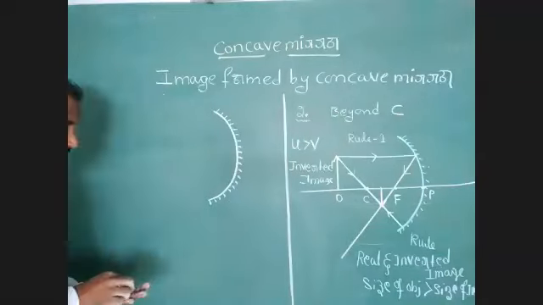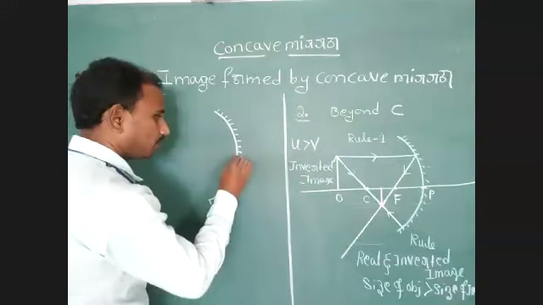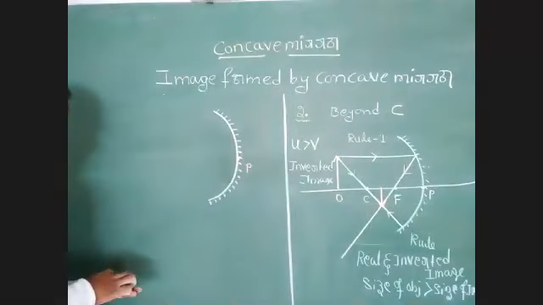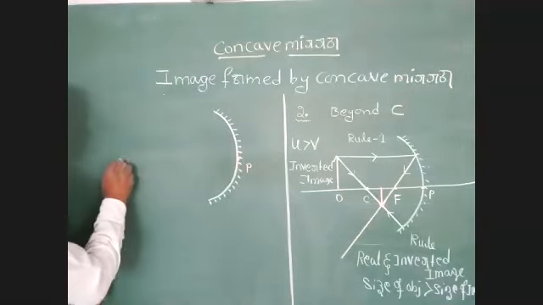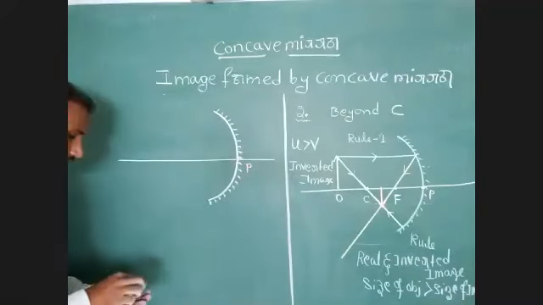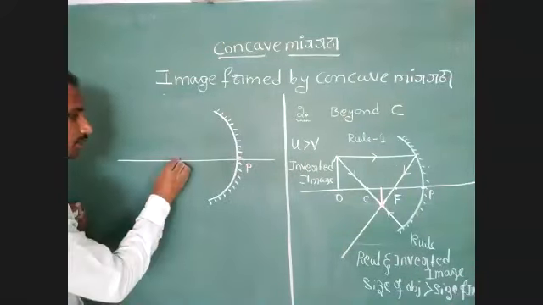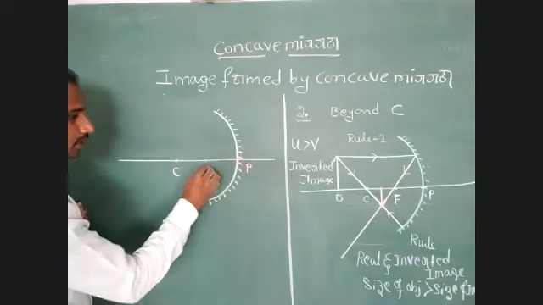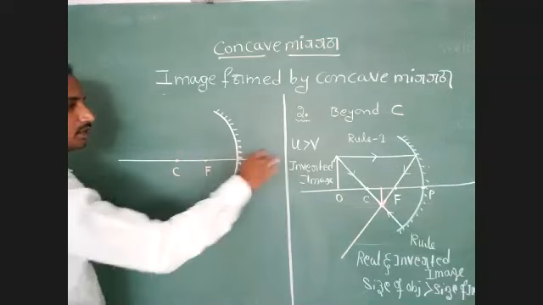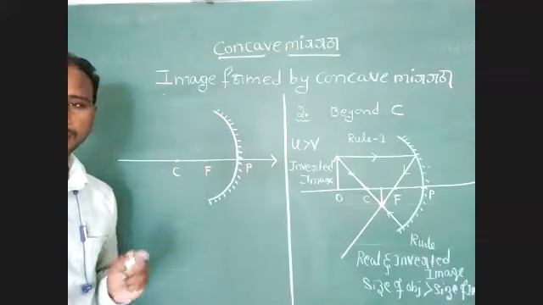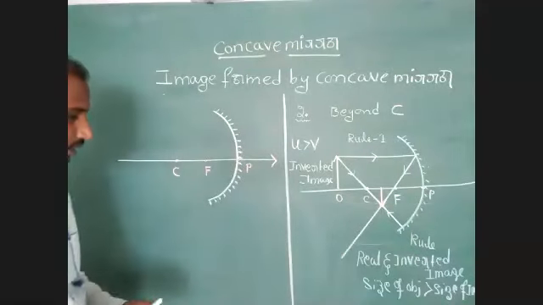Identify the midpoint of this mirror, the pole. Draw one imaginary line passing through the center of curvature and the pole. This reference line is called the principal axis.